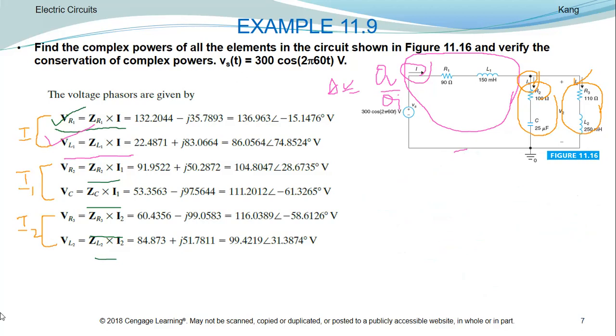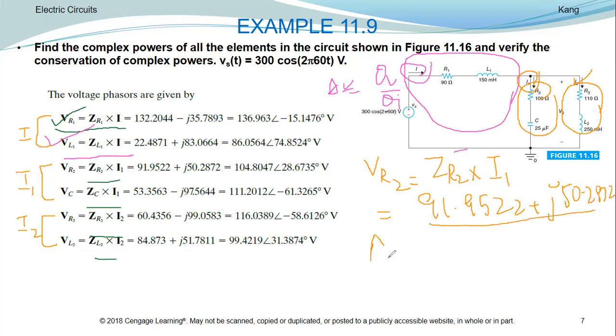My second value will be VR2. VR2 will be ZR2 with the value of current, that is I1. So it will be equal to 91.9522 plus j50.2872.